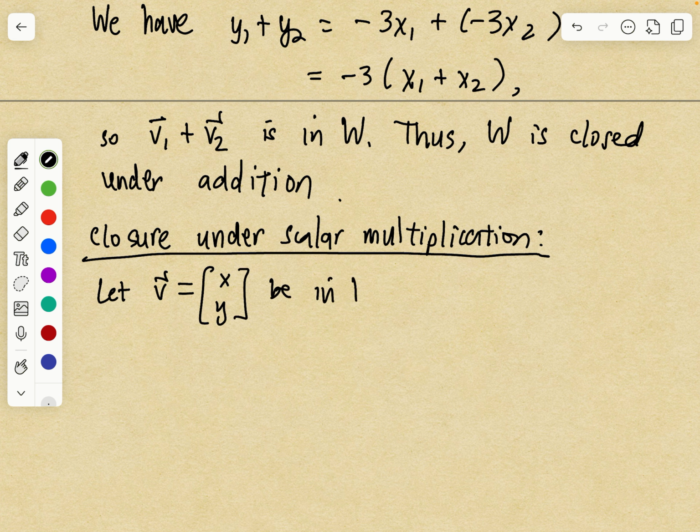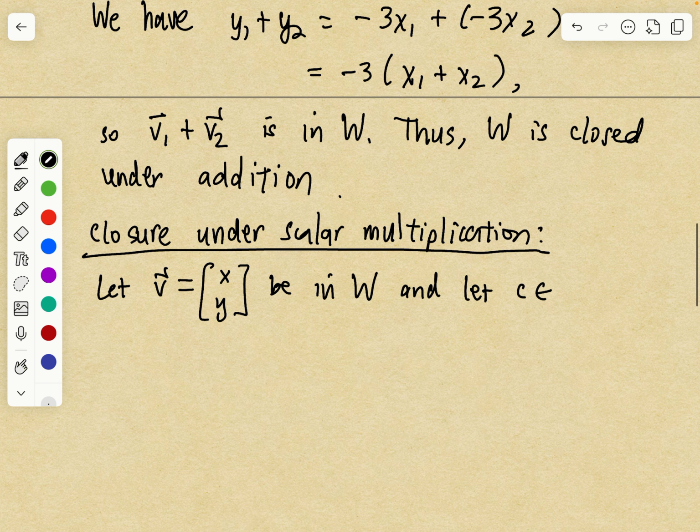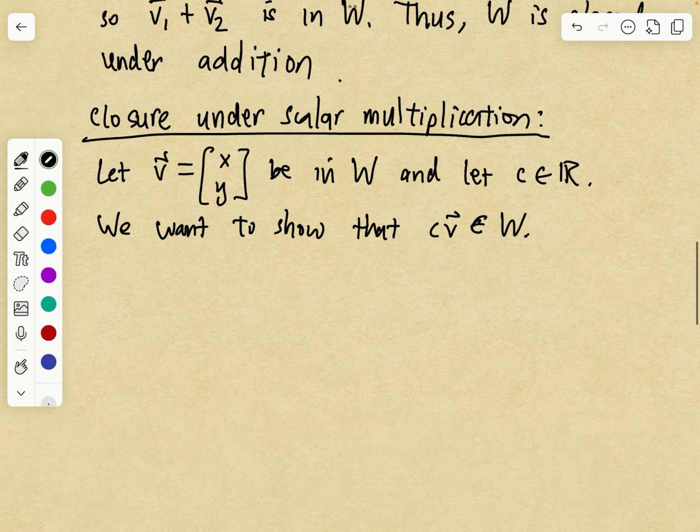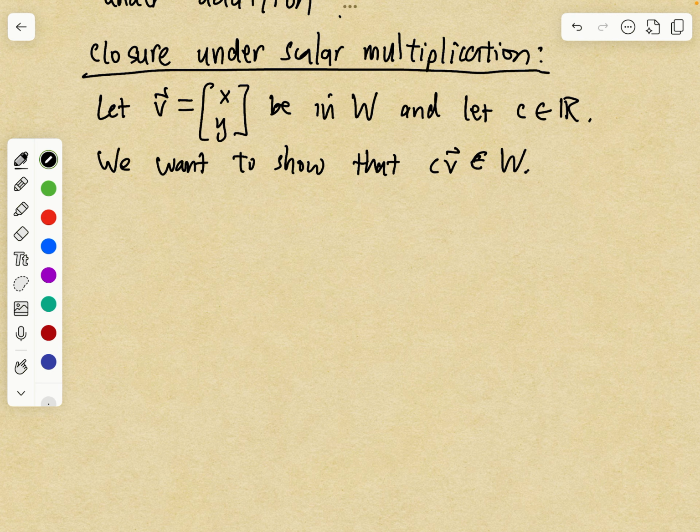Let this be a vector in W, and let c be a real number. We need to show that cv is an element of W. And again, we need to write out what it means. We have a vector v in W. So since v is in W, we know that the second component y is negative 3 times the first component.